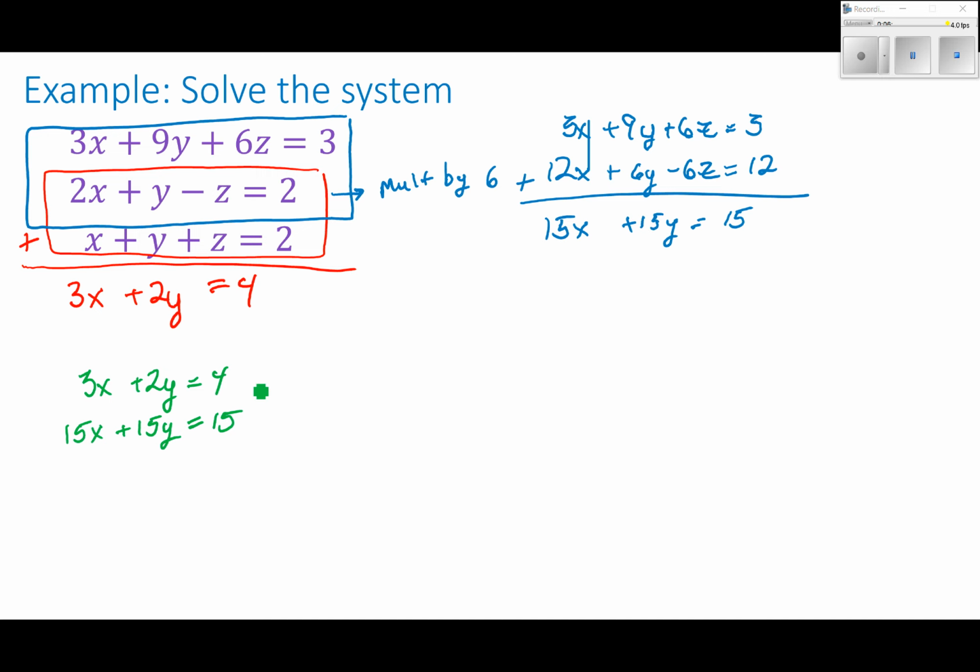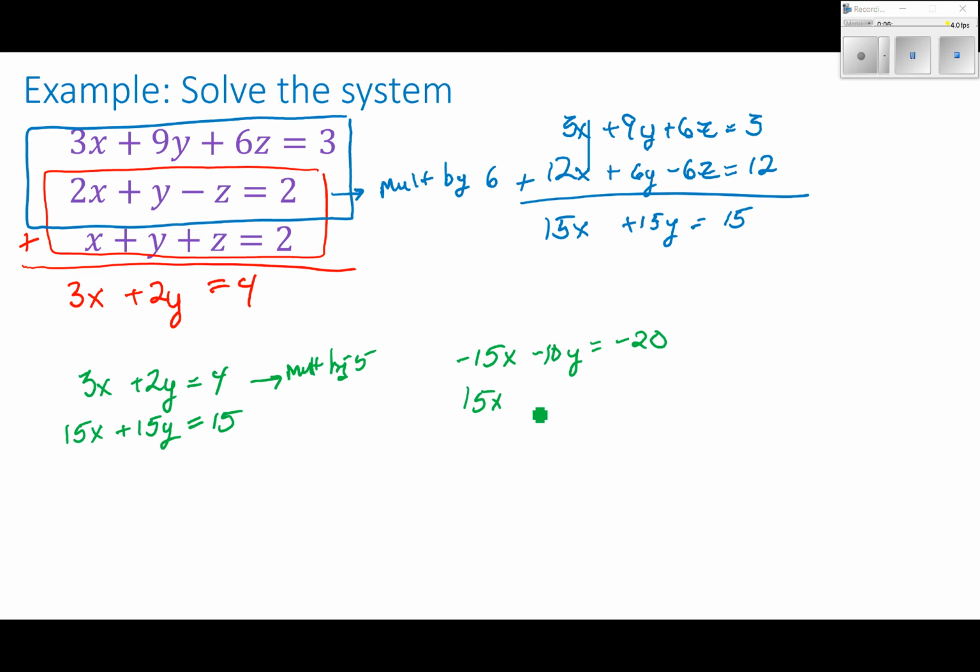In order to solve this, I'm going to multiply the top by, let's actually do it by negative 5. So negative 15x minus 10y is going to be equal to negative 20.